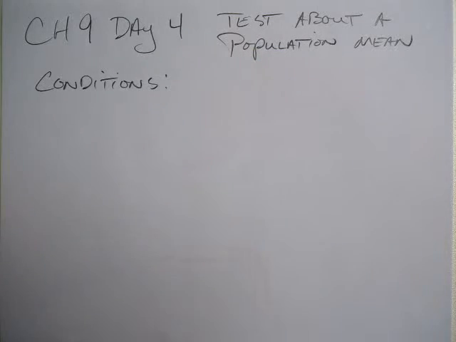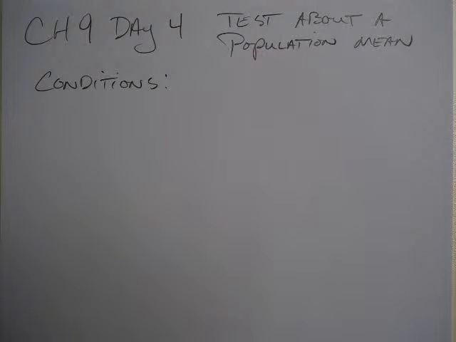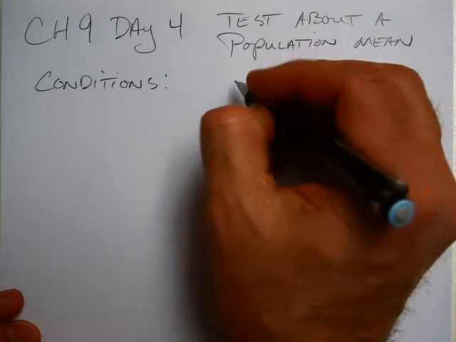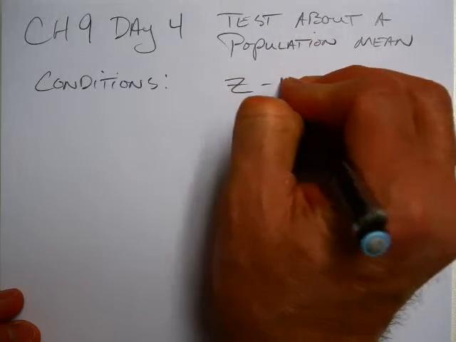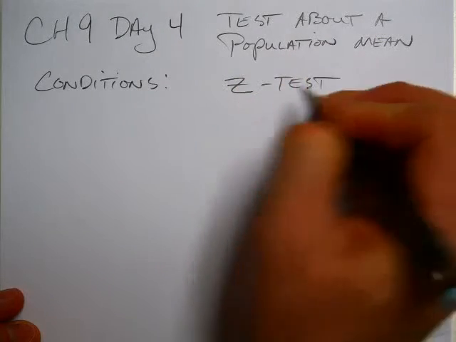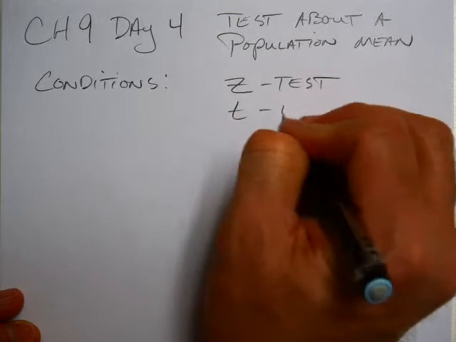Okay, there's 2 tests here that we're going to talk about. They are the first 2 in the calculator when you go to stat and then tests. There's the z-test and the t-test.